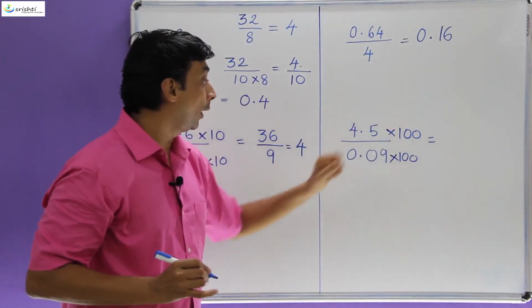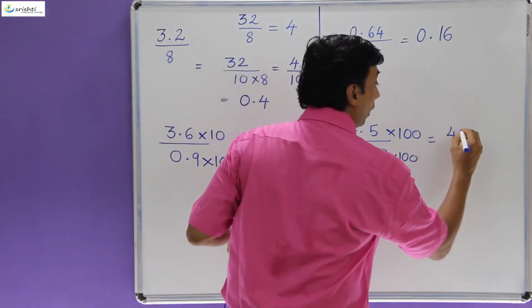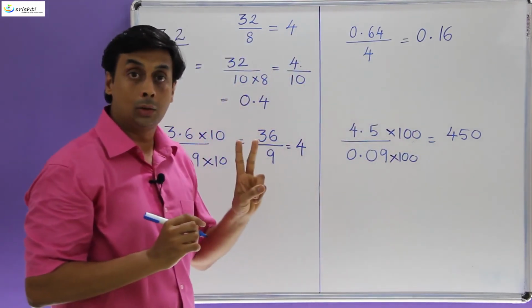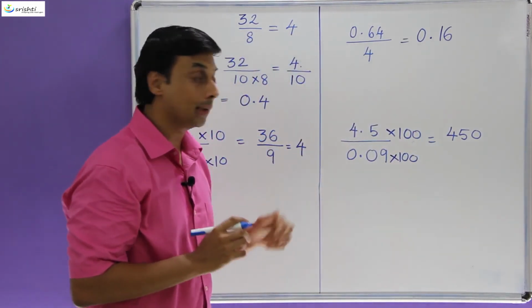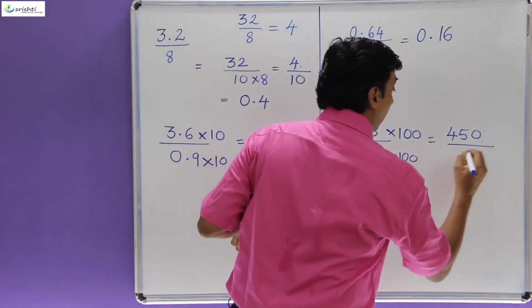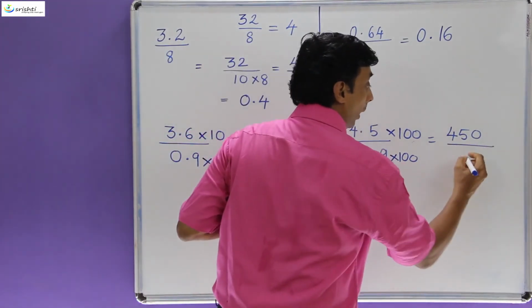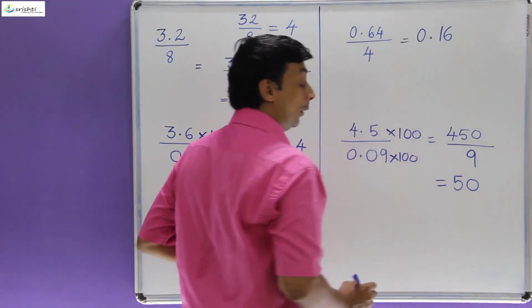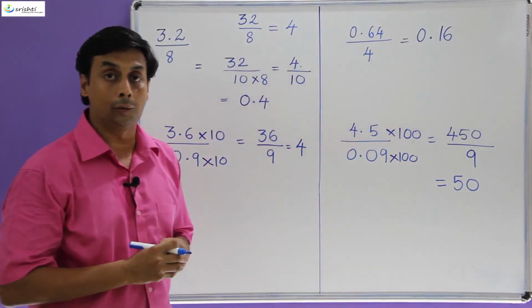So 4.5 into 100 becomes 450. The decimal point moves to the right by 2 places, and 0.09 multiplied by 100 is 9. So 450 by 9 is 50. So the answer is going to be 50.